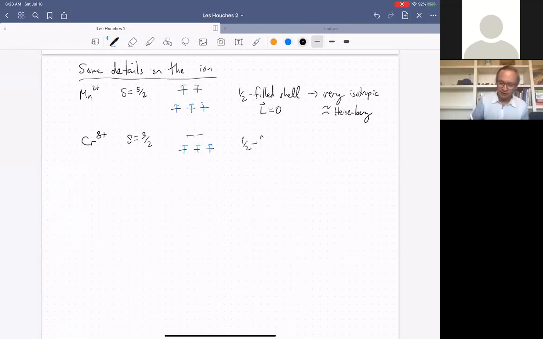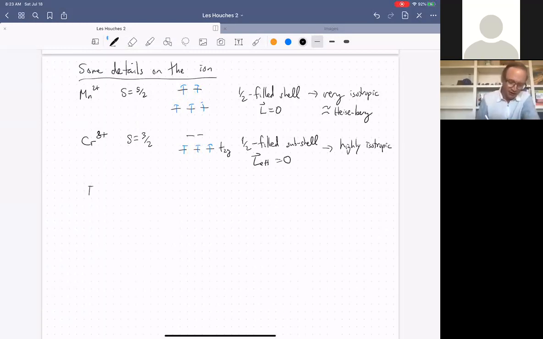So this is another example of not a half-filled shell, but a half-filled subshell. And the effective orbital angular momentum within the t2g subspace is also 0 here. So this leads to another highly isotropic spin, not as isotropic as manganese, but still quite isotropic.